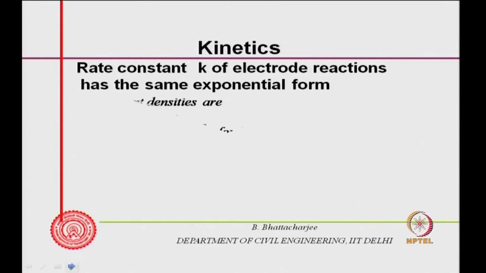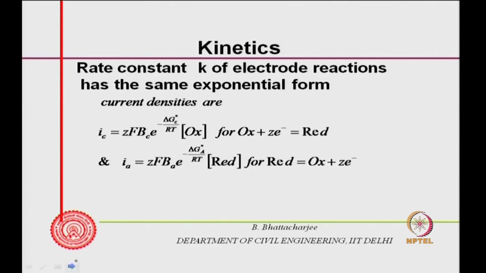But if I am supplying some current, then some current should be passing through it. This K can be replaced, according to the Arrhenius equation, by the free energy divided by RT, which is the activation energy. For this case also I can replace it by the activation energy, so IA and IC can be written as ZF, some constant, into e to the power of activation energy divided by RT.